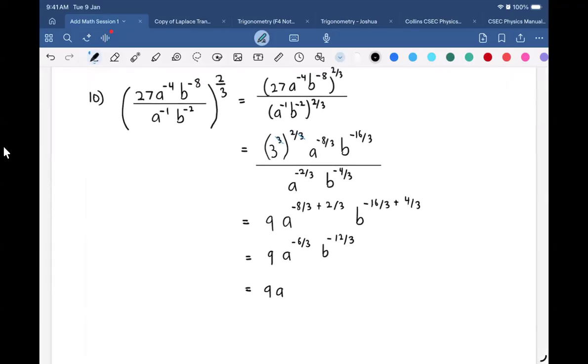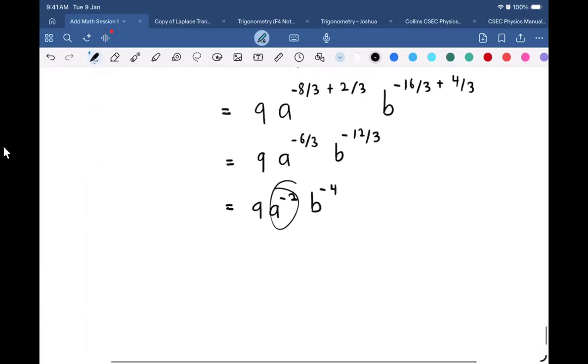What is minus 6 over 3? It would be negative 2. And minus 12 over 3 is negative 4. Now let me ask you a question. Are these powers happy over here? No. So you're going to end up with 9 all over what? b to the power 2 and b to the power 4.